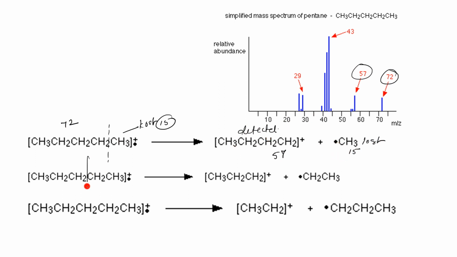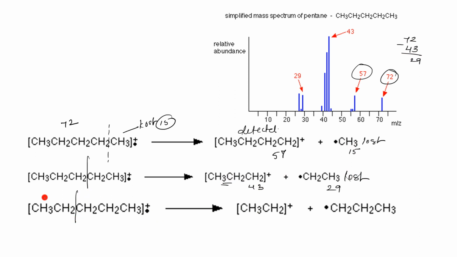Second, we can also break it over here. If you break it over here, what do you get? CH2CH3 is 29: 15 and 14 make 29. If you subtract 72 minus 29, you get 43, so this is lost and this is detected, and the value is 43. Similarly, you now go further and break this part.